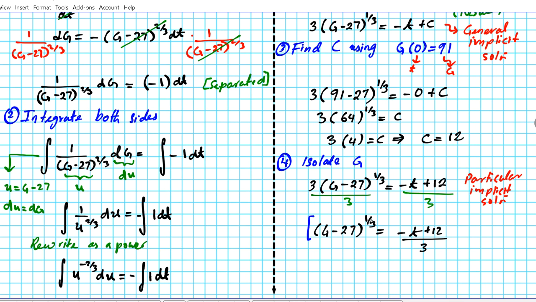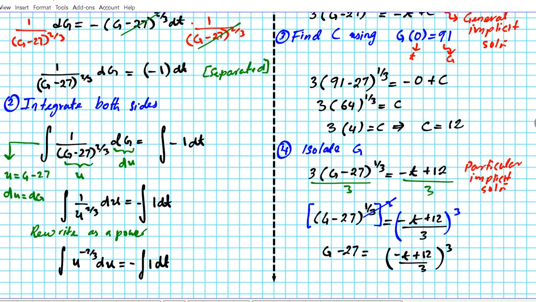So raise both sides to the third power. Okay, so that gets rid of that. And then we have G minus 27 equals the quantity negative t plus 12 over 3 to the third.